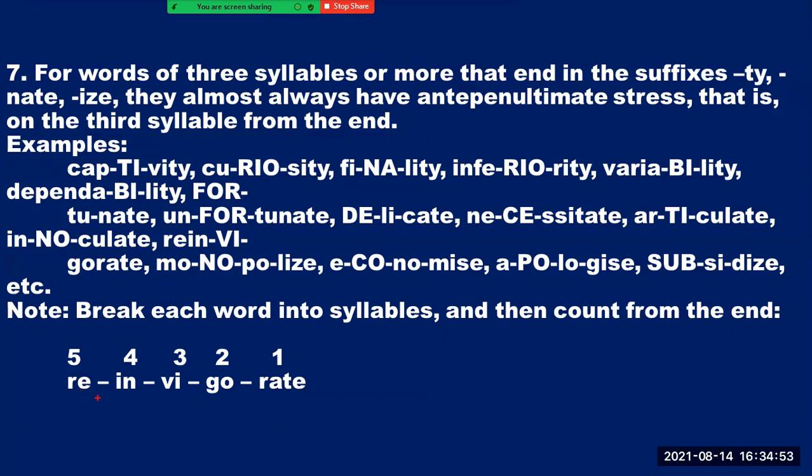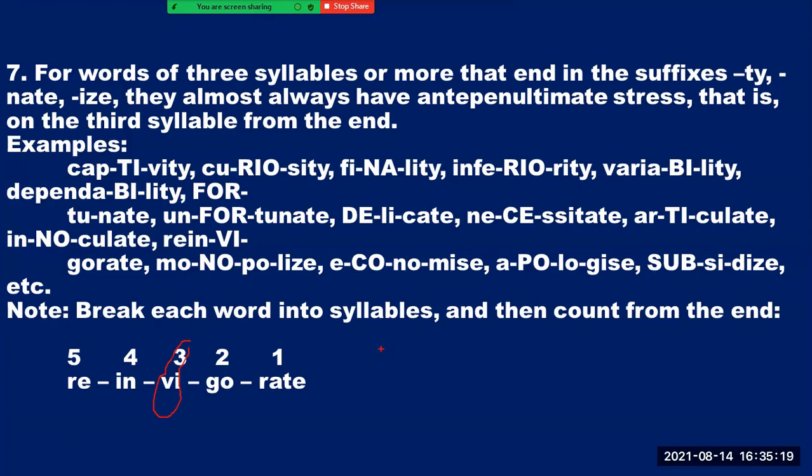Look at this word, reinvigorate. It has 5 syllables. Then we have numbered it from the end, and we have 1, 2, 3, 4, 5. So when we count 1, 2, then we get to 3, and we place stress here.